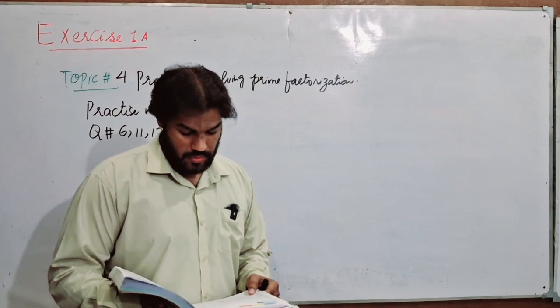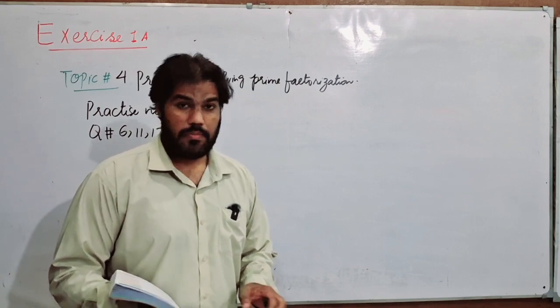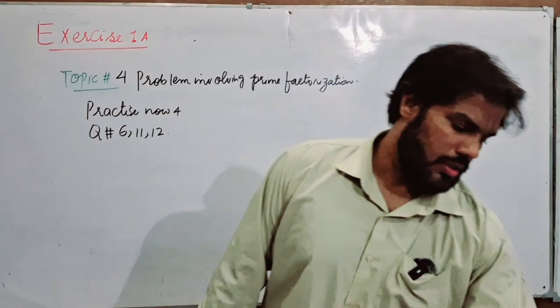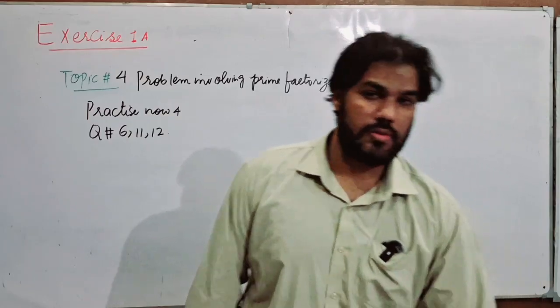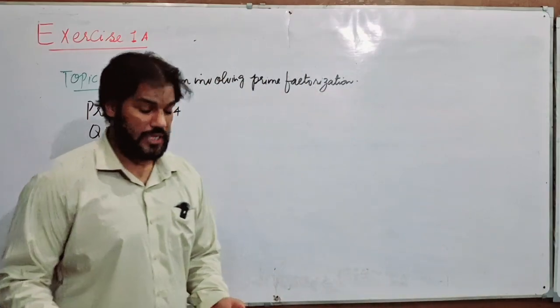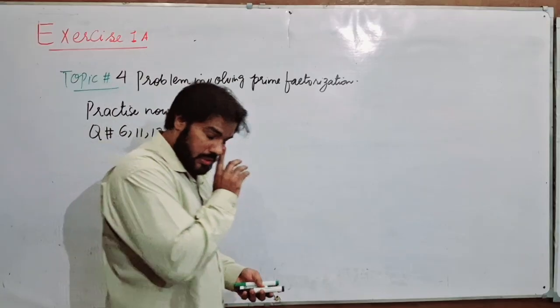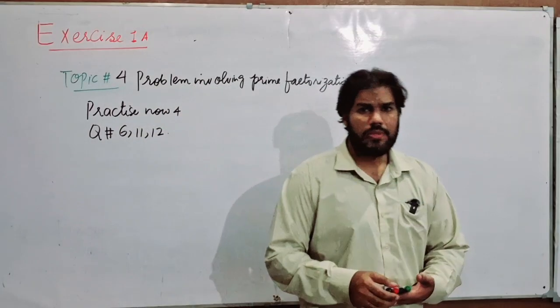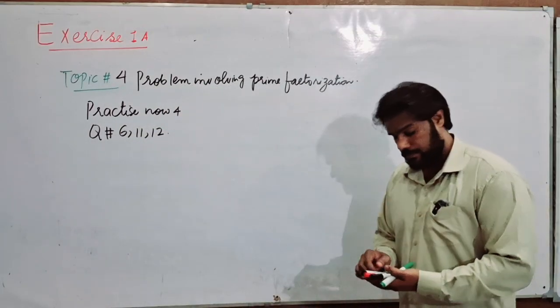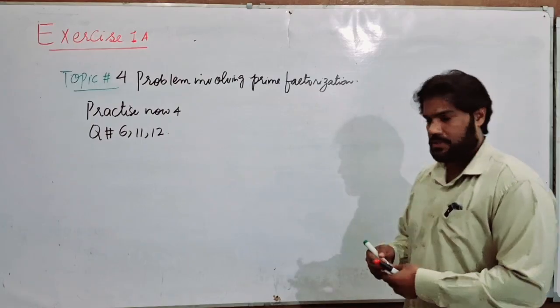Question number 11. Before starting this question, you have to understand the concept of cube and cuboid. Actually, these questions are related to cube and cuboid. You know, cube and cuboid both are 3D objects.